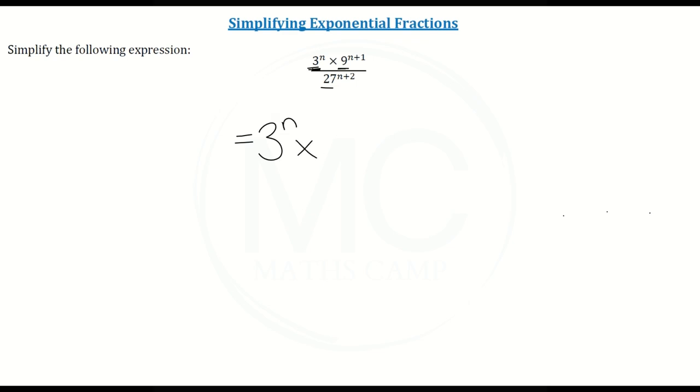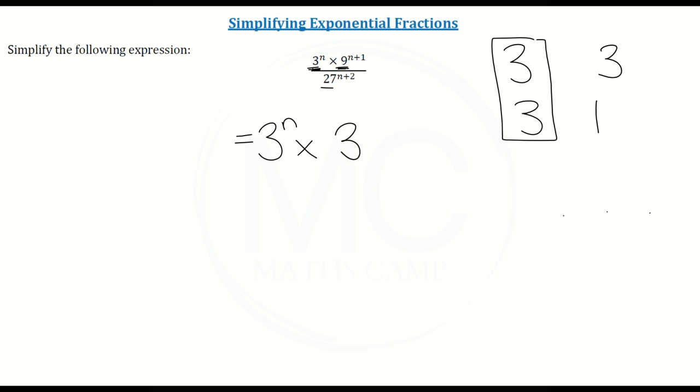So we can say 3 to the power of n multiplied by. Next, let's find the prime base of 9. 9 divided by 3 gives us 3. Divided by 3 gives us 1. We can see here that 3 multiplied by 3 gives us 9. 3 multiplied by itself is 3 squared. So we can say 3 squared, put into a bracket, with our exponent of n plus 1.